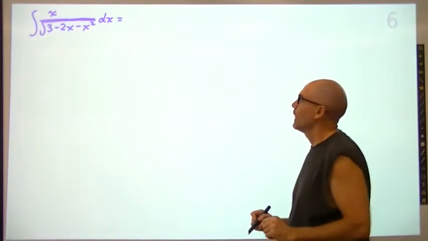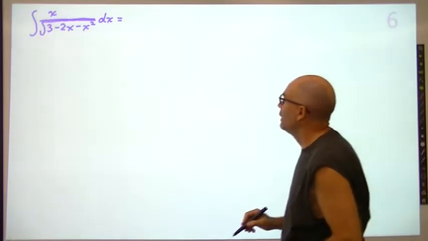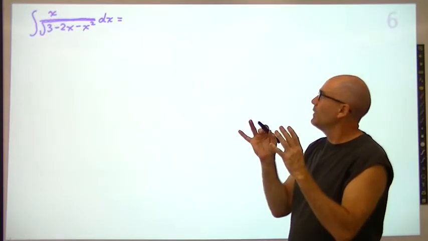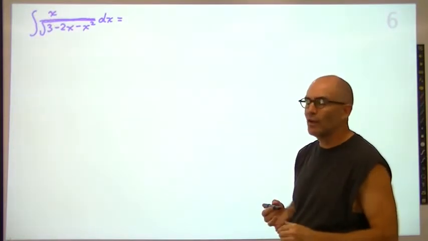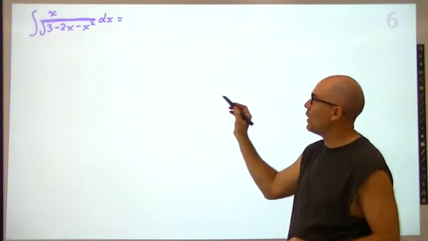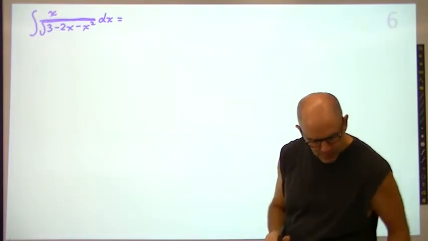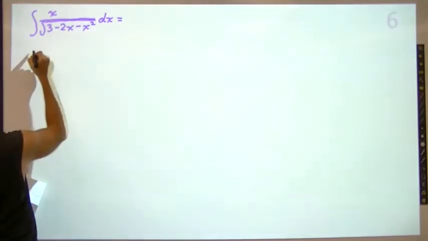That's more like it. Okay, so on this one, we don't have a simple a squared minus x squared. So we have to create one. So what we're going to do is complete the square on this thing.